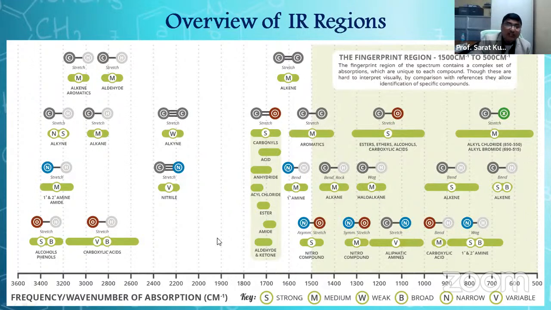Then suppose carbon-carbon single bond, carbon-carbon double bond, and carbon-carbon triple bond. If we are increasing from single bond to double bond to triple bond, when you are increasing the bond strength, definitely it is a higher frequency. That means more energy is required for the vibration. One bond needs less energy.